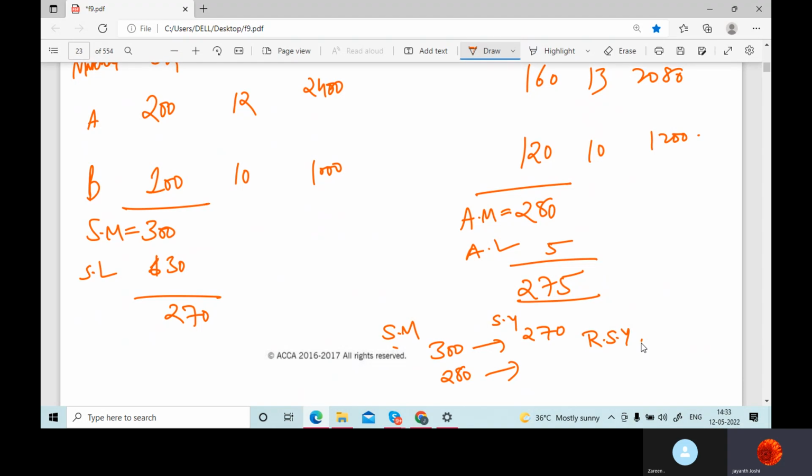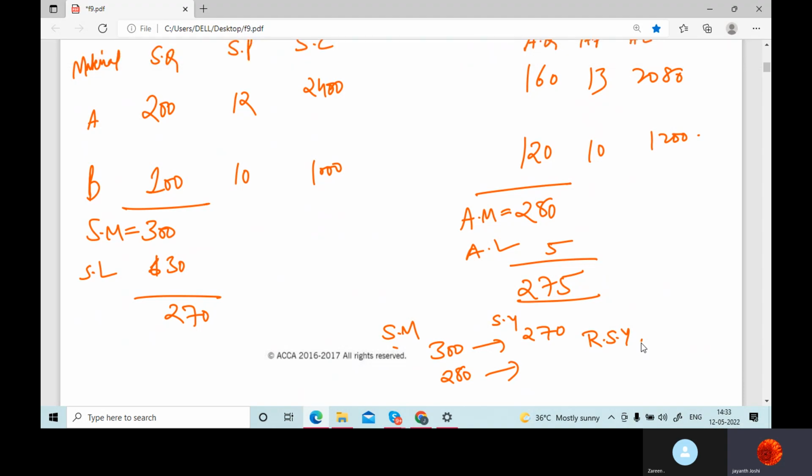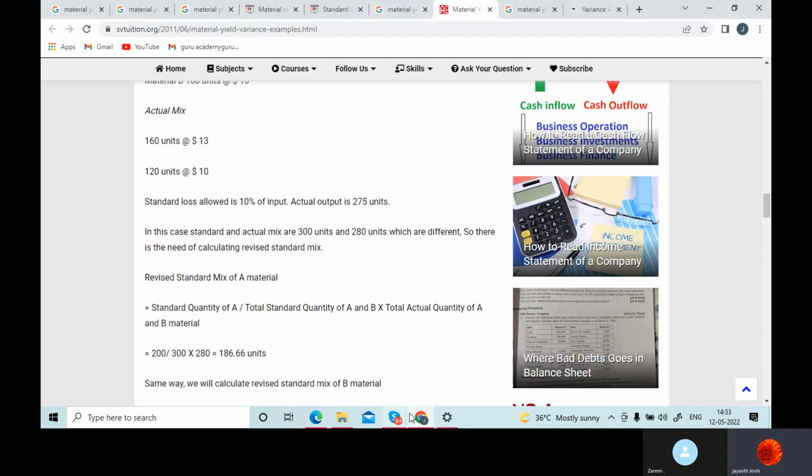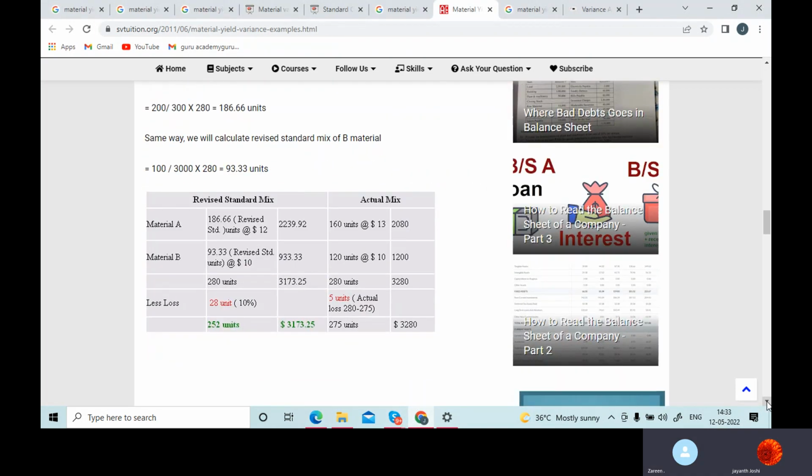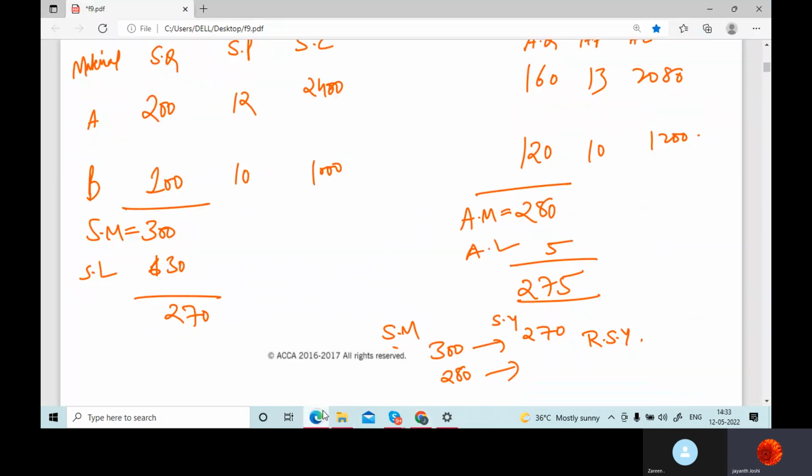We can find this out, correct? Or else there is one more method that I'll also tell you. 270 into 280 divided by 300 will be 252. So this is your revised standard yield.